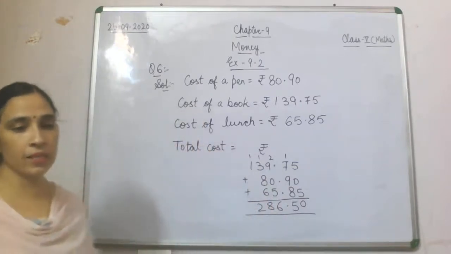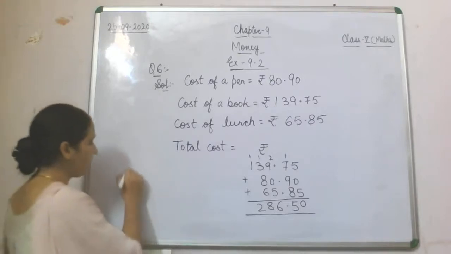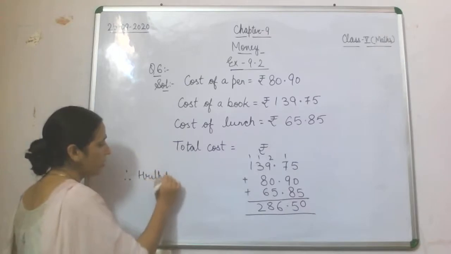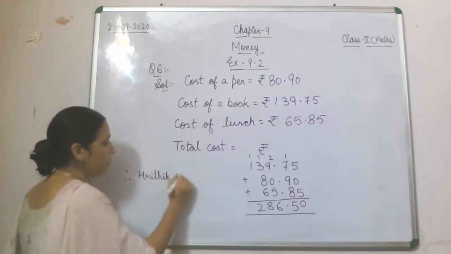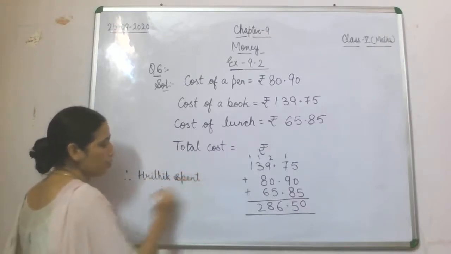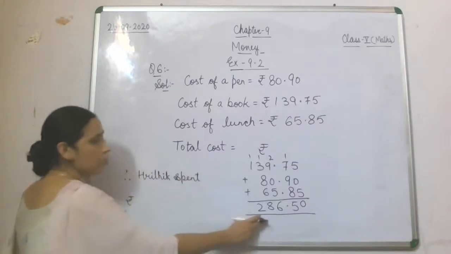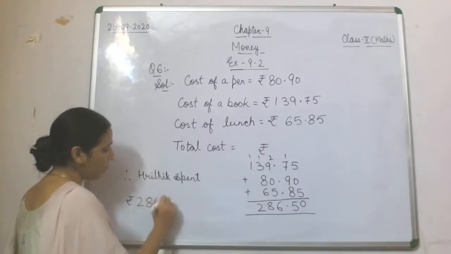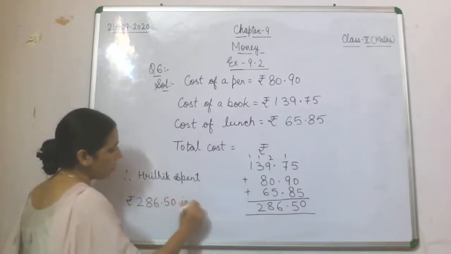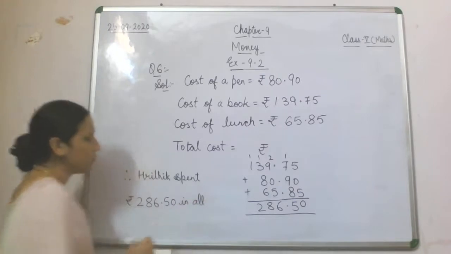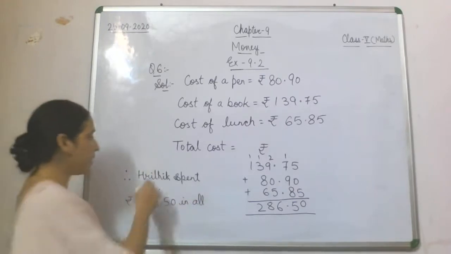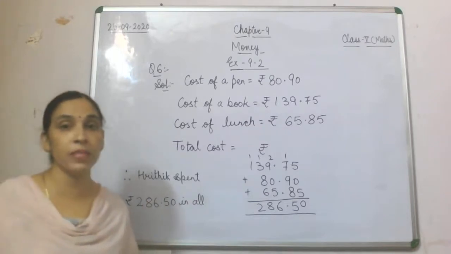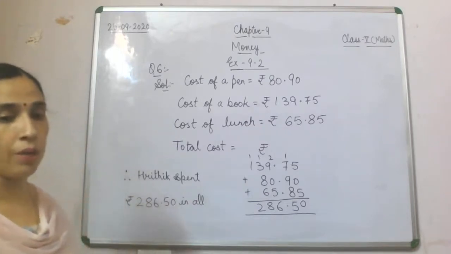That Ritik spent, therefore, Ritik spent rupees 286 and 50 paisa in all.